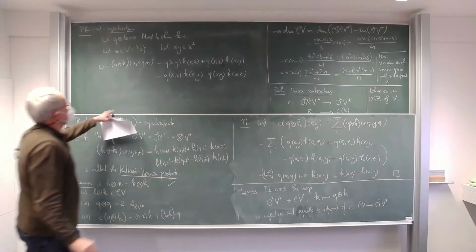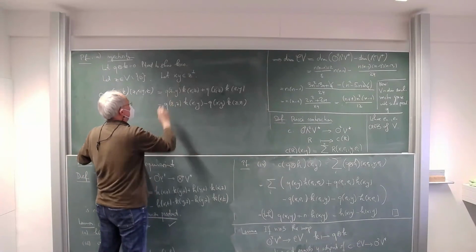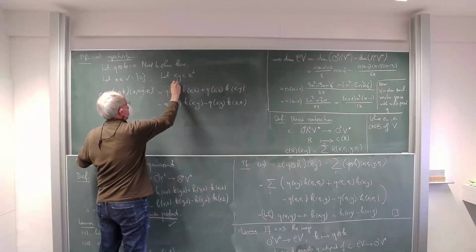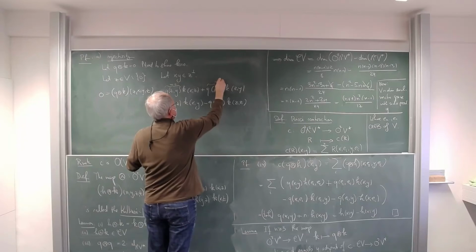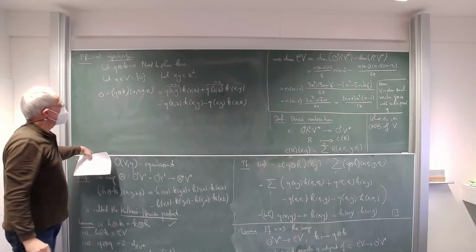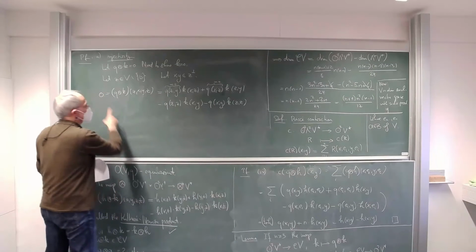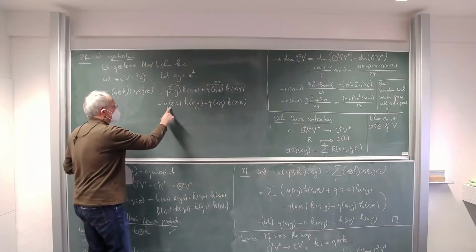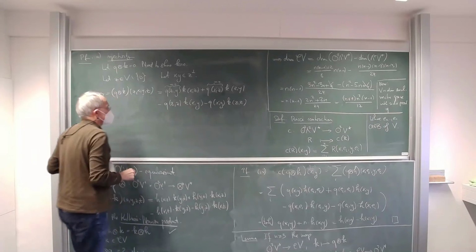Well, now let's see. We have x and y are both perpendicular to z, so this guy is 0, y is perpendicular to z, and similarly this guy is also 0. And z is non-zero, so we can get that term. The whole thing is 0, and so we can divide by this term and solve for k of x, y.